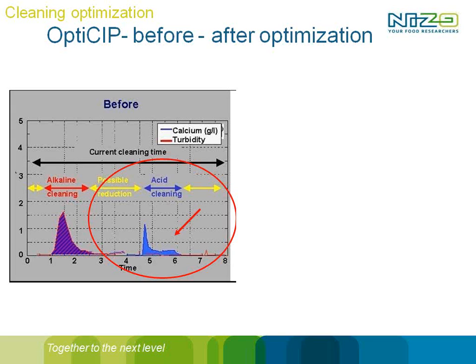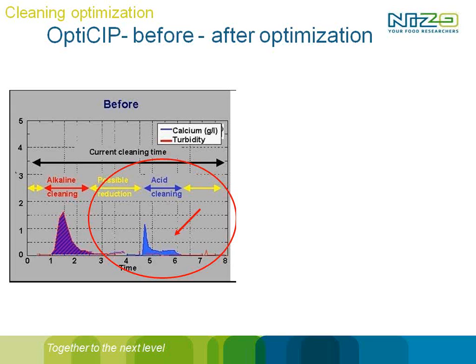On the x-axis you have the time, on the y-axis the amount of fouling. We have this cleaning process. The yellow bar shows a part in the beginning where nothing is happening. Then we have an alkaline cleaning, followed by, well, some more time, an acid cleaning, and some more time.